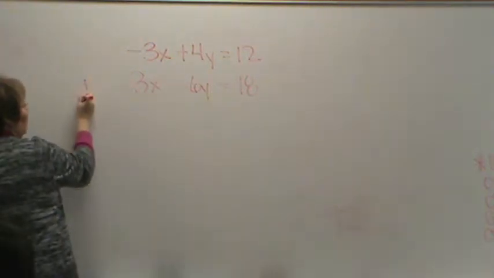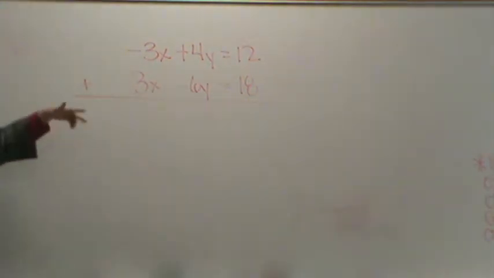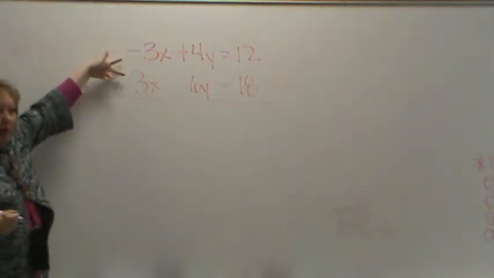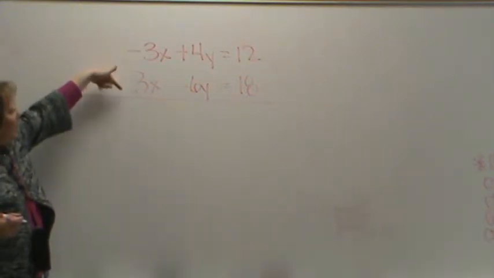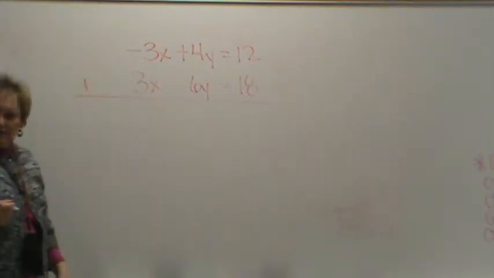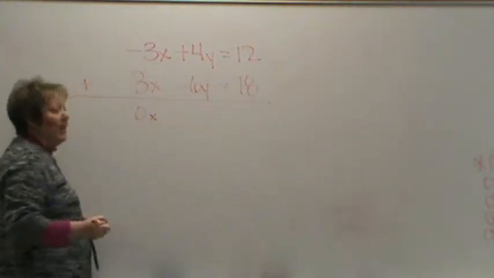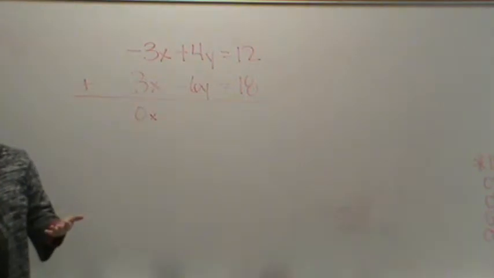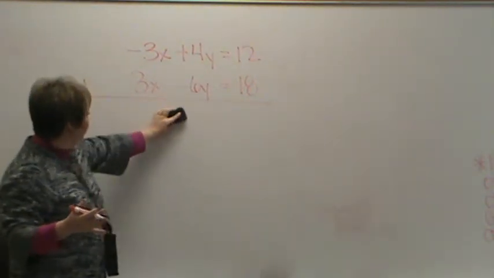First off, I'm going to add these two equations together. Since I have an exact pair of opposites, what is negative 3x plus 3x? 0 or 0x. 0 times anything is just 0, so I don't need that. It's gone.